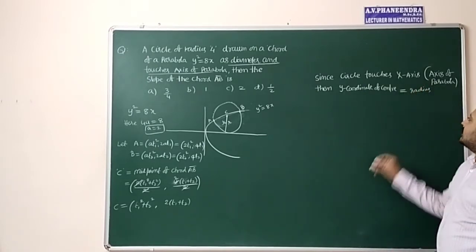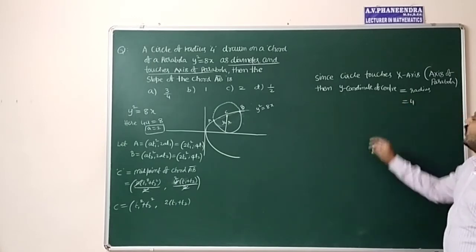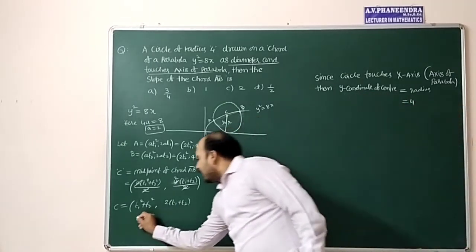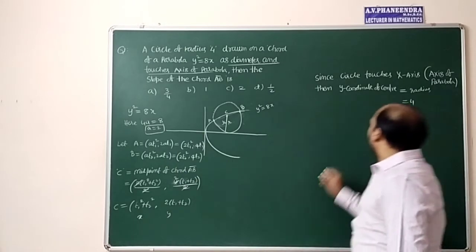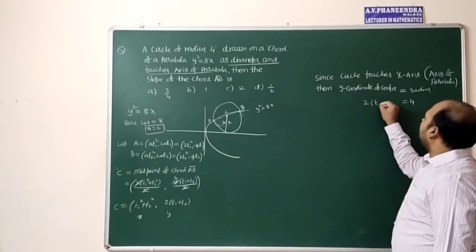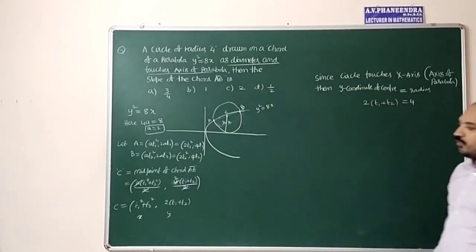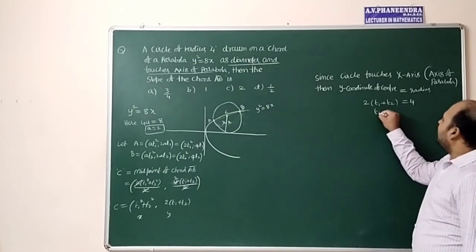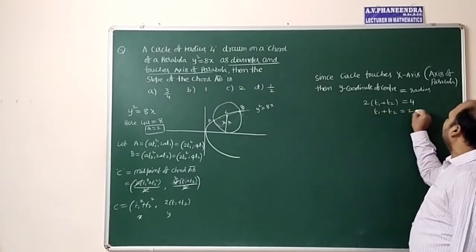Since the value of the radius is equal to 4, what is the y coordinate of the center? So 2 into t1 plus t2 is equal to 4. So the t1 plus t2 value is equal to 2.